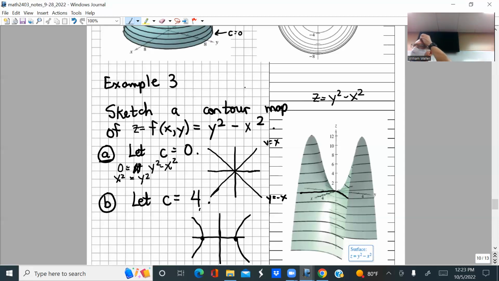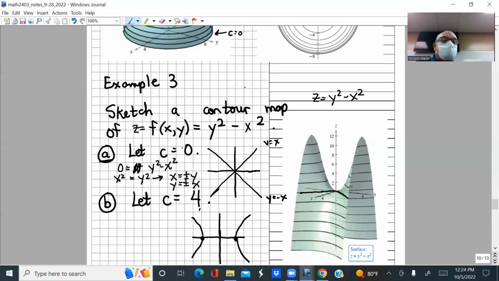What is that? Almost, Elijah. You have to remember these things are squared. So when you take the square root of both sides, you're going to get x is equal to plus or minus y. It might have been easier if I wrote it this way: y equals plus or minus x. That's the same thing.